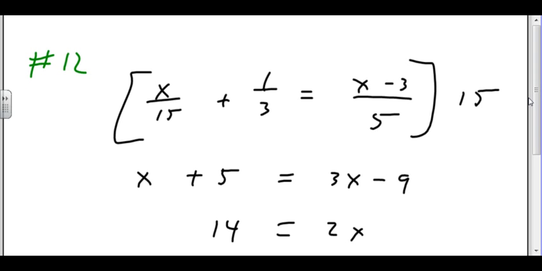It would solve it. How come it didn't give me 7? Stupid calculator.